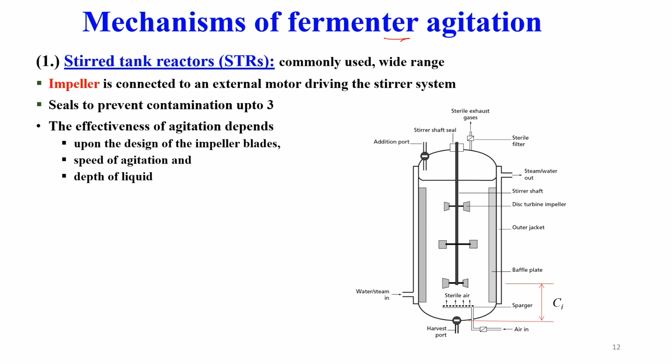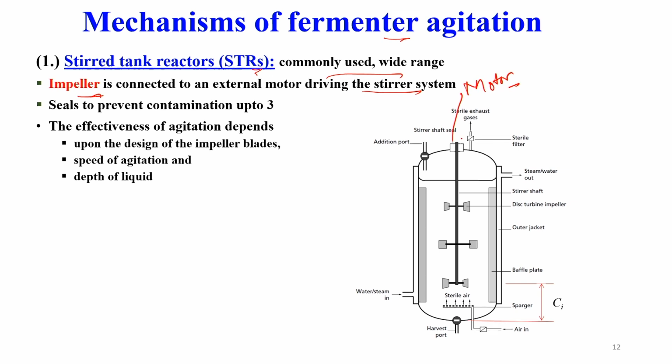The first one is in the case of the stirred tank reactor. This is the most common and widely used. So, there the part is the impeller, which is connected with the external motor driving the stirrer system. This impeller shaft will be attached to a motor.